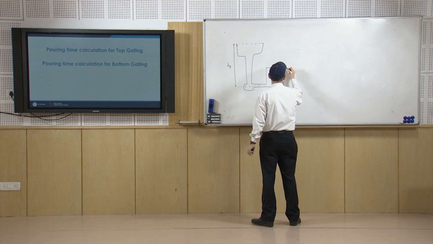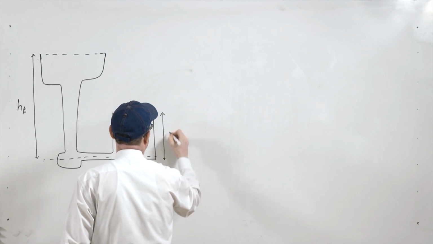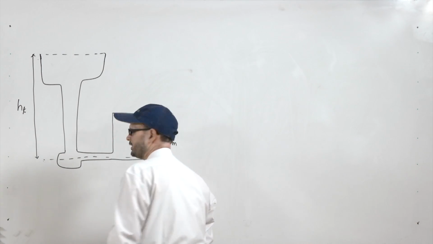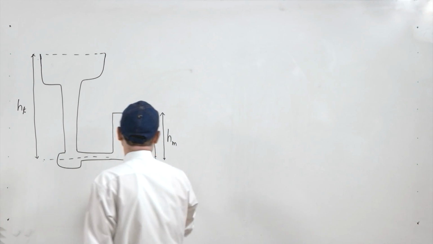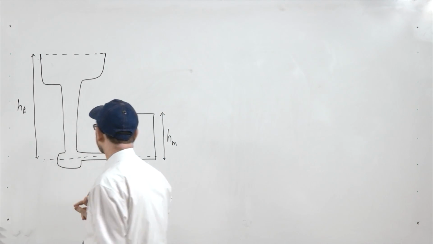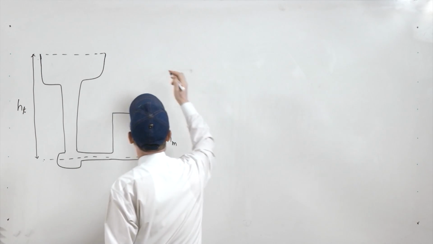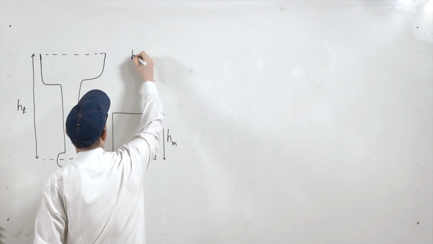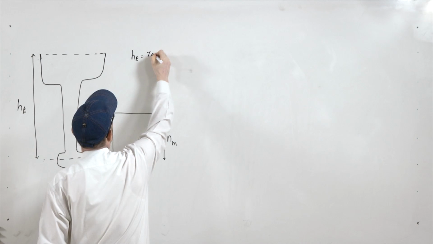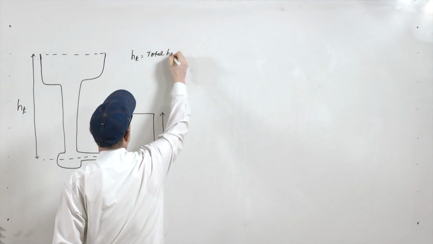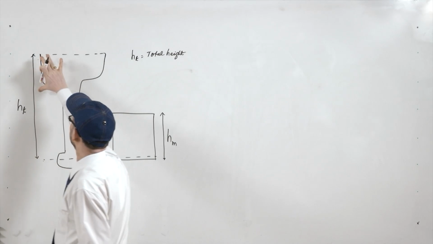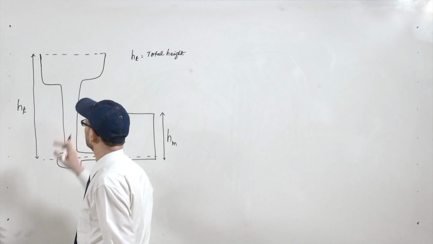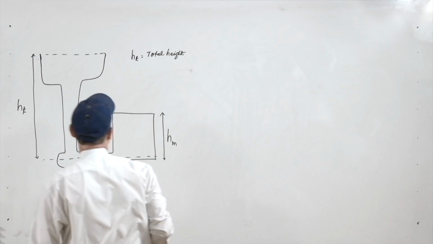This is the height of the mold or the cavity, that is HM. So, you have a few terminologies. HT is the total height, the total height of the sprue level up to the top of the pouring basin.